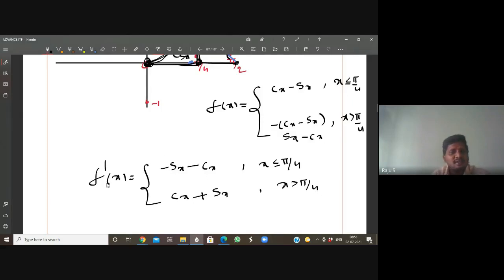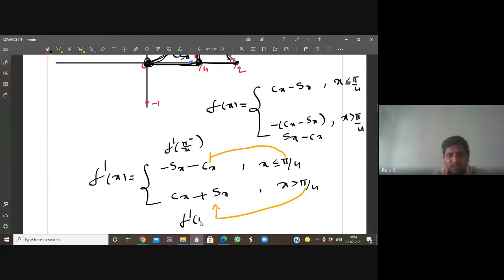See student, this is f dash of x. Now pi by 4 is the particular value. After finding the derivative, to check the derivative at a particular point, substitute pi by 4 in place of x. When you substitute in the lesser-than part, this will give f dash of pi by 4 minus, nothing but the left hand derivative at pi by 4.